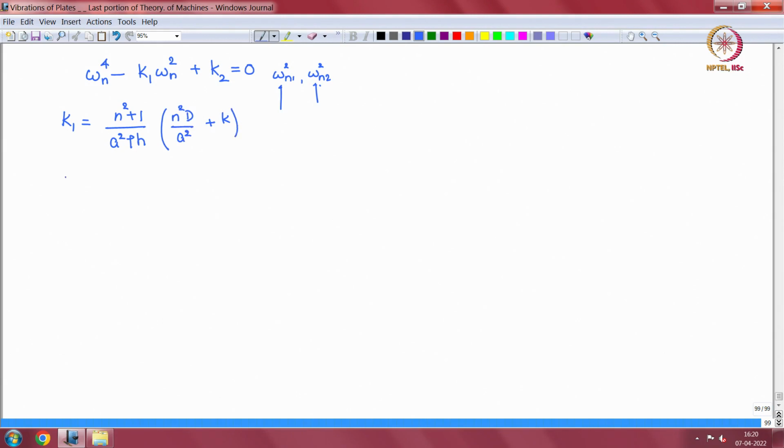Okay, and k2 is equal to (n square minus 1) whole square by a to the power of 6 rho h square into dk. Okay, one thing to be noted, we will use it later, is k2 is equal to 0 when n is 0 or n is equal to 1. So we will use it later, keep a note here.